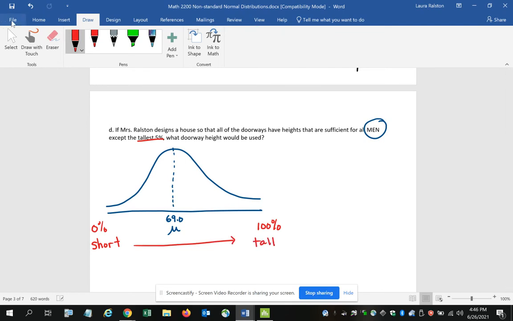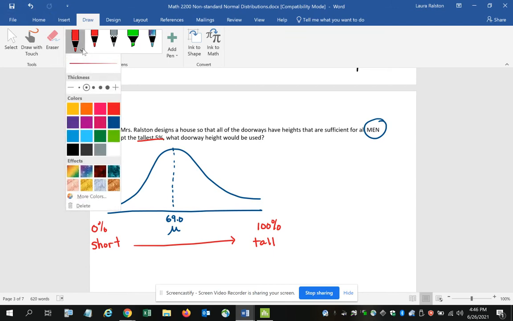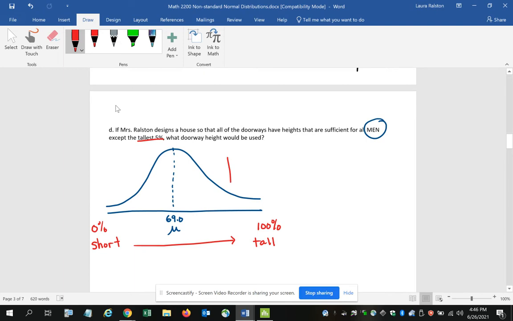And we want to exclude the tallest 5%. So I want to cut off these men up here that are the tallest 5%. I want to exclude these men.